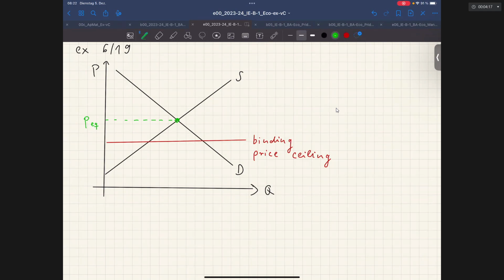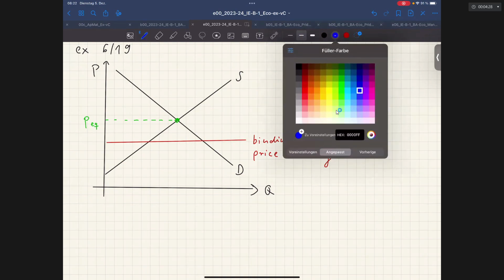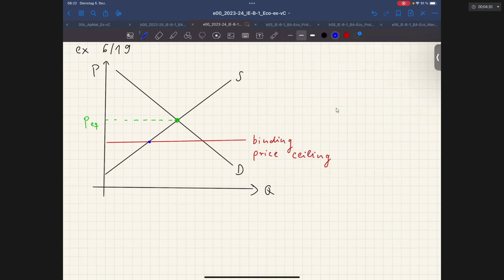The shortage, typically you can call it shortage demand. The shortage demand can be found there in between, in a different color. From here to there, that's the shortage demand.